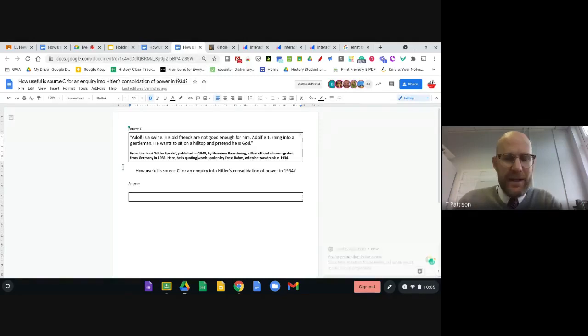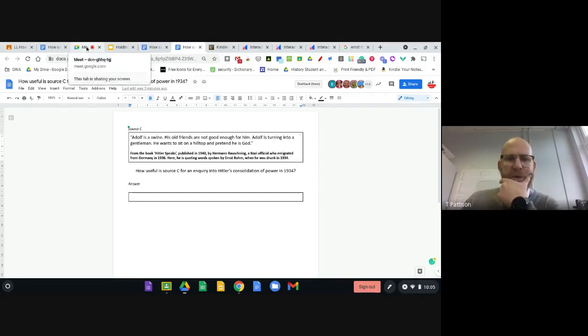Now, already, this is not looking very complimentary. So right from the off of this quotation, we can see that Ernst Röhm is being pretty unpleasant towards Adolf Hitler, the leader of the party. Now, looking at what it tells us about this source, why might Ernst Röhm be critical of Hitler so publicly?